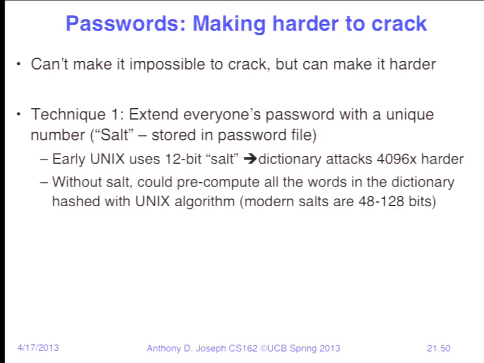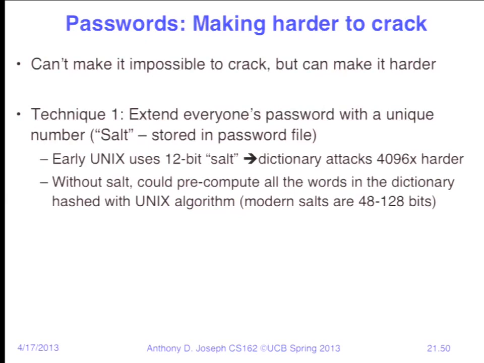So we can't make it impossible to crack passwords, but we can make it harder. One of the techniques is to add a salt. This adds a 12-bit salt originally in Unix, which was derived from your username. So I could hash your username, get a 12-bit salt out of that, and use that to make your dictionary attacks 2 to the 12, or 4,096 times harder. Right?